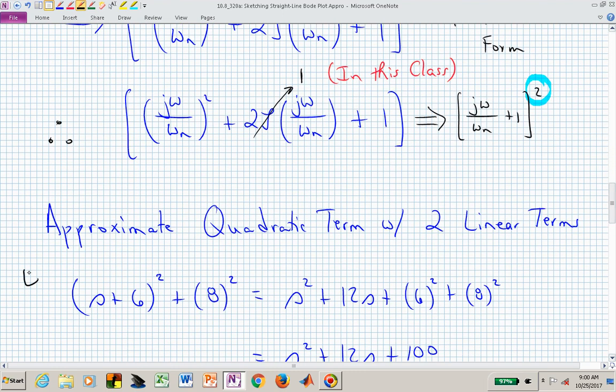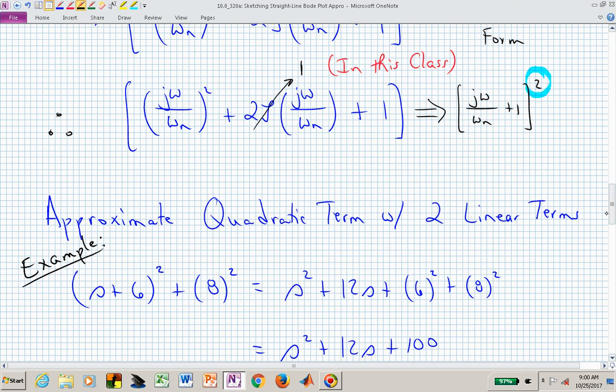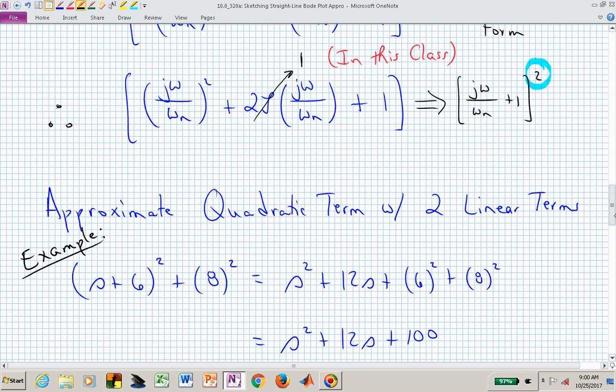If we return to our example that we've been using throughout this development of the individual terms, hopefully if I ask you a question, you could immediately tell me where the roots of this quadratic live.